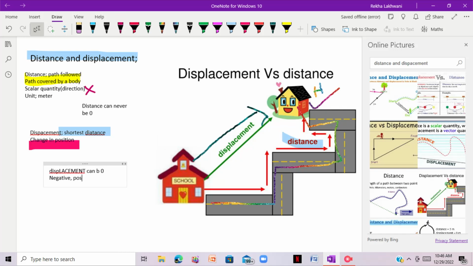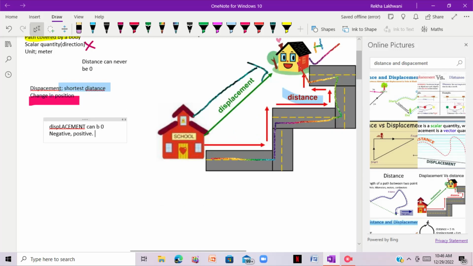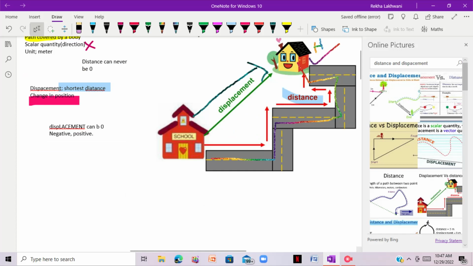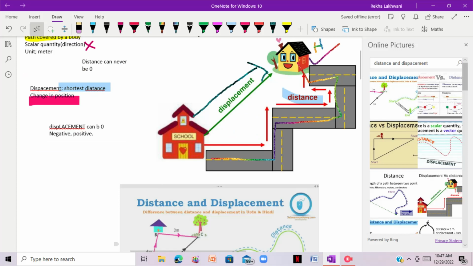This is showing the difference between distance and displacement. If I'm going from here, this is my distance. But the path which directly takes me to the end point is this one, and this is known as our displacement.